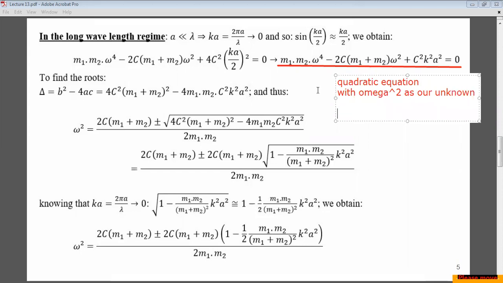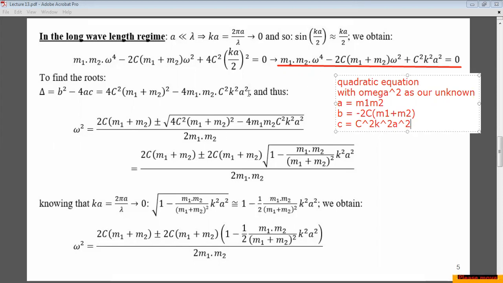We have A equal M1 M2, B equal minus 2c M1 plus M2, and C equal c square K square A square.